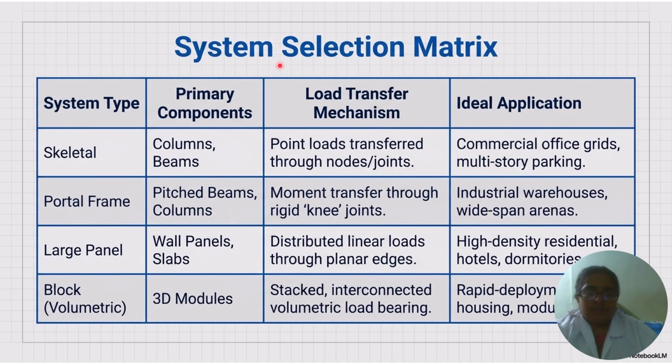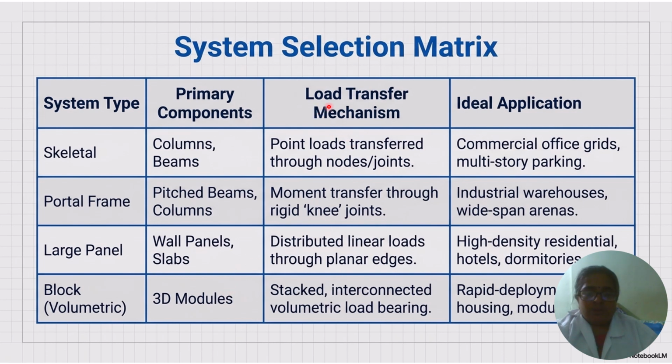And the system selection matrix. The system types are skeletal, portal frame, large panel, and block, as we have discussed in the previous slides. The primary components here are columns and beams; here pitched beams and columns; here wall panels and slabs; and the last one is 3D modules.